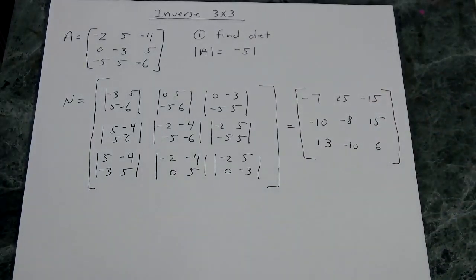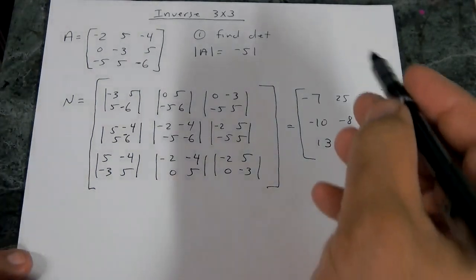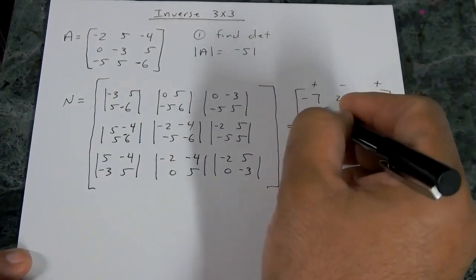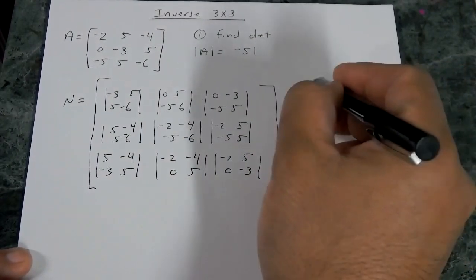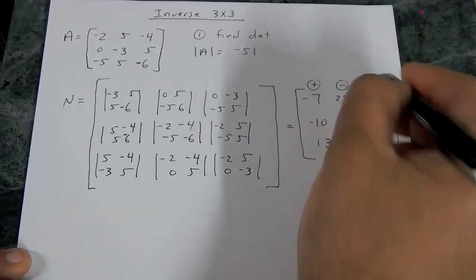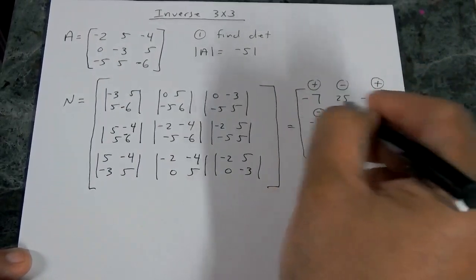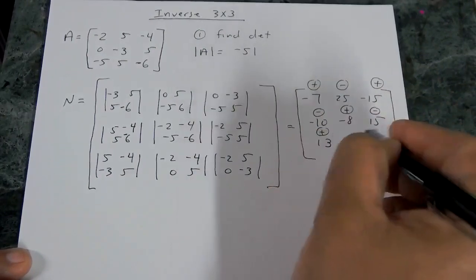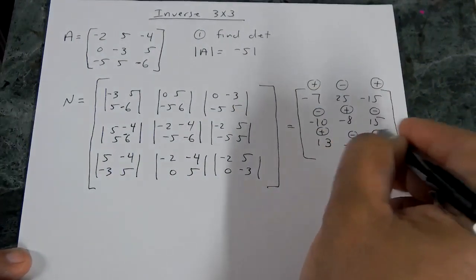So remember we talked about that convention of the plus minus. This has to be done over here because in the next step, that's what it has to become. This is plus minus plus. This is going to be, let me circle this so you know. Then this should be minus, plus, minus, plus, minus, and plus.